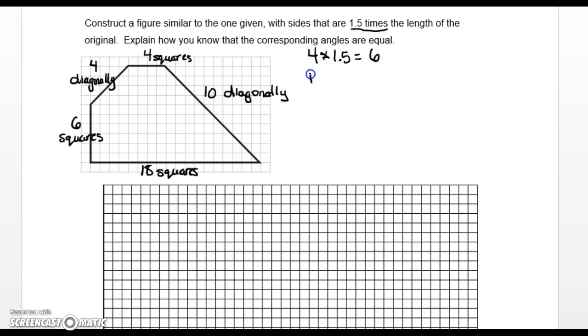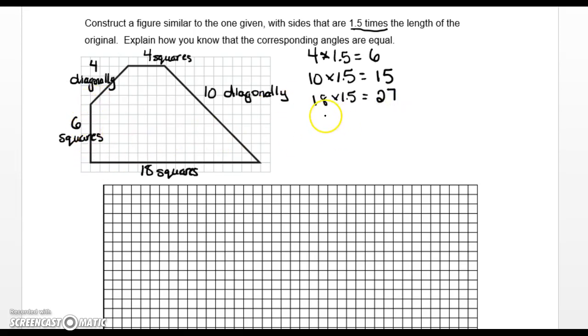Going over down to 10 here, we have 10 times 1.5. That would give us 15 squares. Then going down to the bottom, we have 18 times 1.5, which gives us 27.